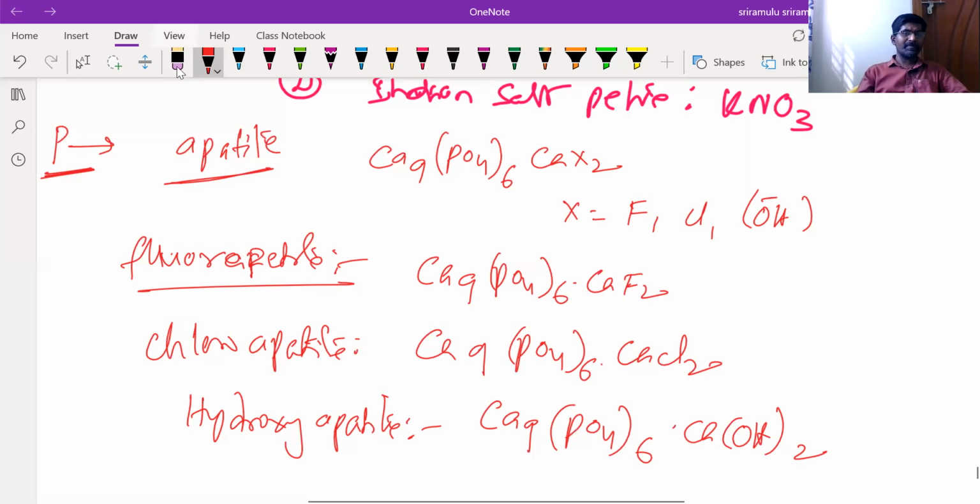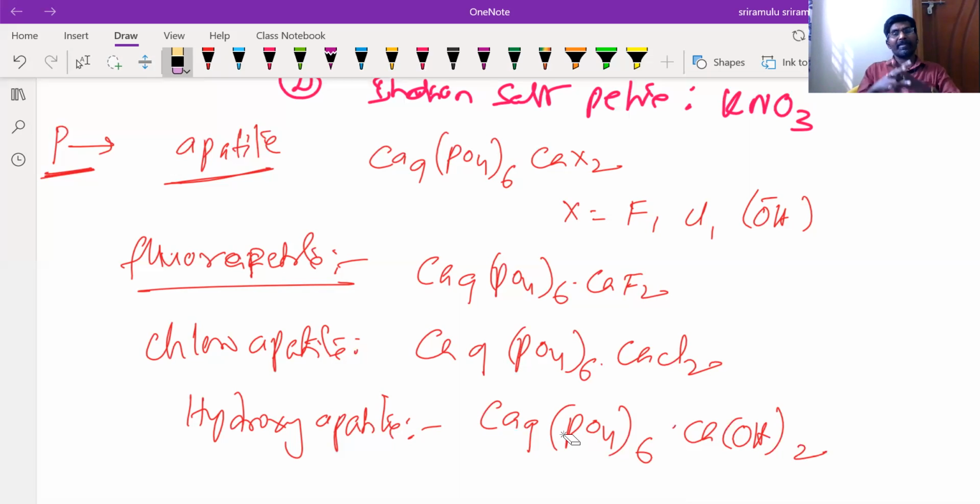So in the fifth A group, nitrogen occurs as Chile saltpetre, NaNO3, and an important mineral is Indian saltpetre, potassium nitrate. Phosphorus is obtained in different apatite families: Ca9(PO4)6 and CaX2.